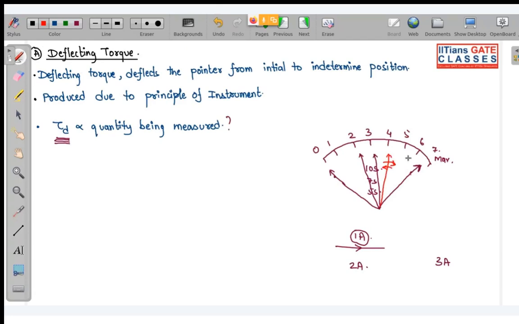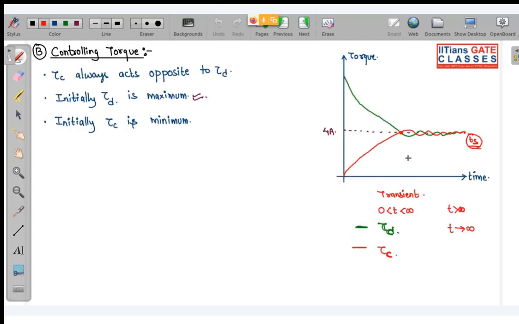Okay, so to avoid this oscillation, what do we do? Can you tell me? Up to this point, have you understood? Please tell me yes or no. Yes, sir. Okay, there are two torques basically acting.